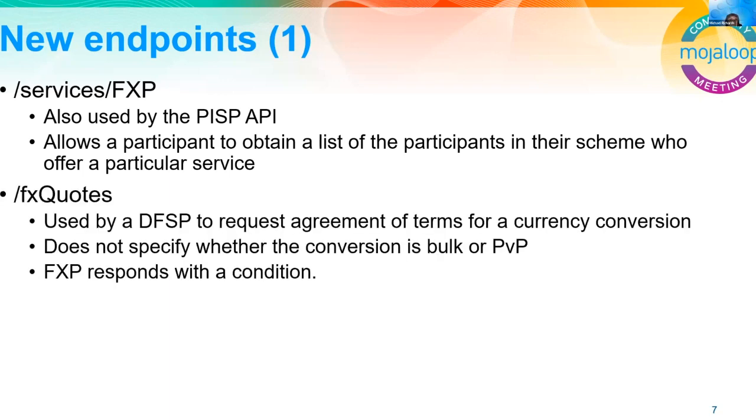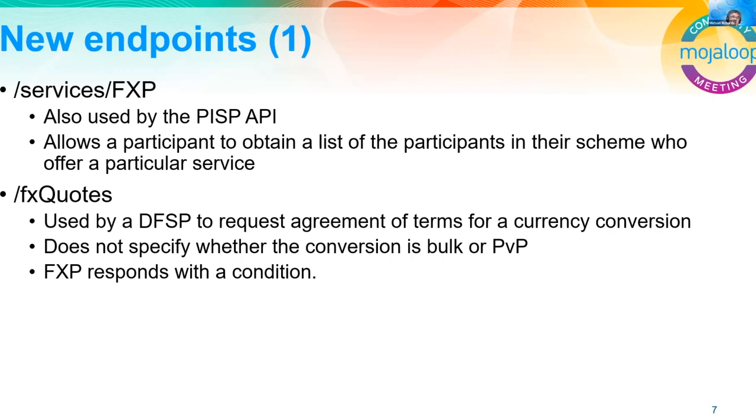Next, we have an FX version of quotes. And that is used by a DFSP to request the agreement of terms for a currency conversion. This doesn't specify whether the conversion is bulk or payment versus payment. And exactly as it would with a transfer, the foreign exchange provider responds with a condition which locks the terms of the conversion.